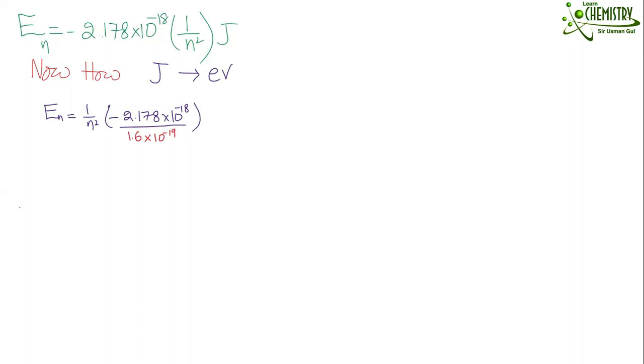What kind of value is this? Basically this value is the charge on electron. If you remember, 1.6 exponent minus 19 is the charge on electron or proton also. So if I divide the value in joule by the charge on electron, then this joule will convert into electron volt. In electron volt, the value is minus 13.6 and the unit will be electron volt.